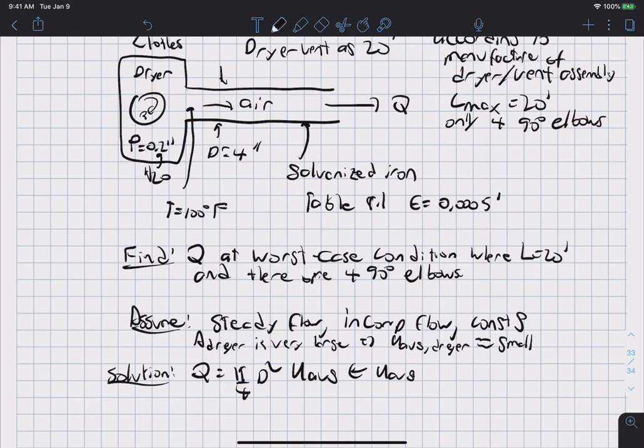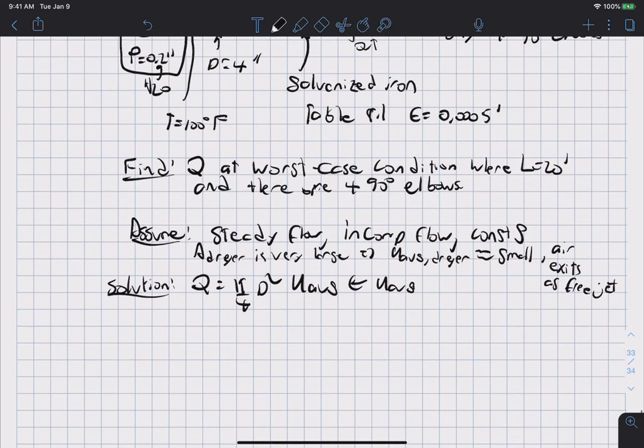That's the same argument that we have been making. So I'm going to call this inside the dryer state 1, which is the inlet, and state 2 at the exit is the outlet. Based on that, we're also going to assume that the air exits as a free jet.